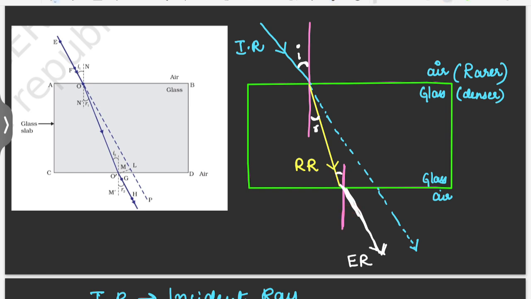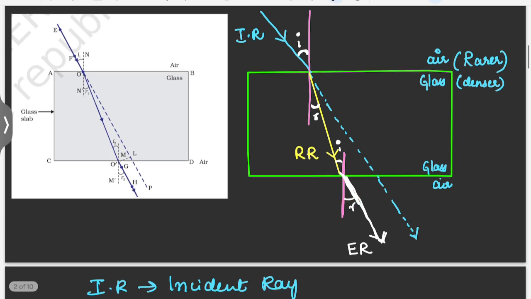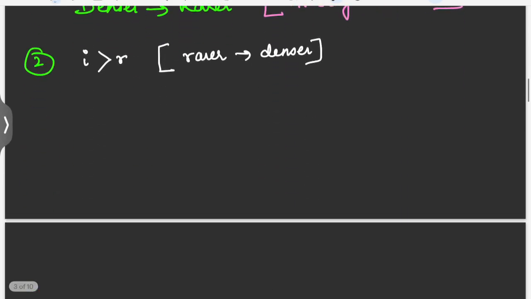This angle is angle of incidence and this is angle of refraction. Are they the same or different? They are different again. This is big and this is small. So angle of incidence is small when compared to angle of refraction. You will write here, angle of incidence is small when compared to angle of refraction, that is when the ray of light is moving from denser medium to the rarer medium.